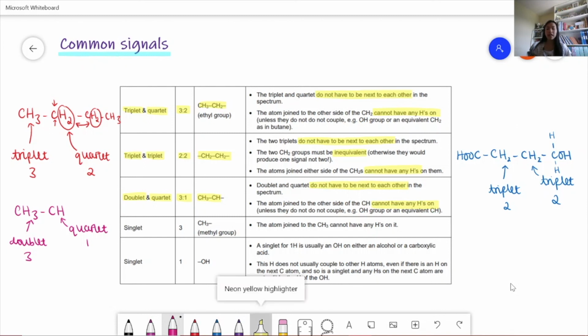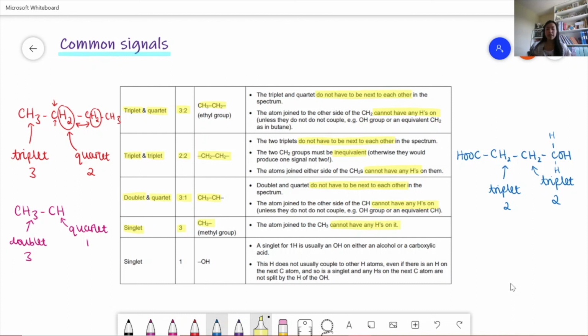And then now looking at the methyl group, this is another really important one to try and recognize. This will produce a singlet peak with a relative intensity of 3. We don't actually compare it with anything, so we don't have a ratio. And the rule is that the atom joined to this CH3 cannot have any hydrogens on it.